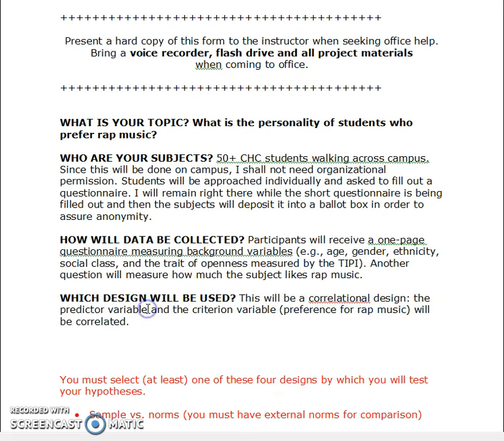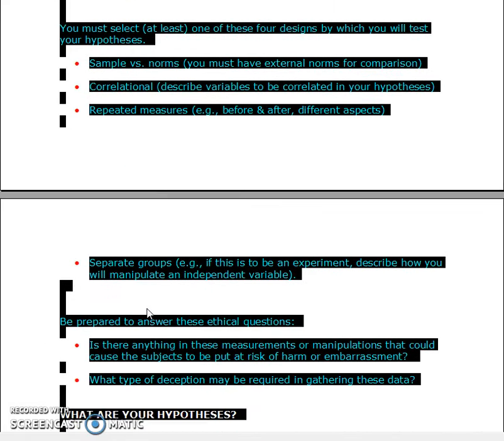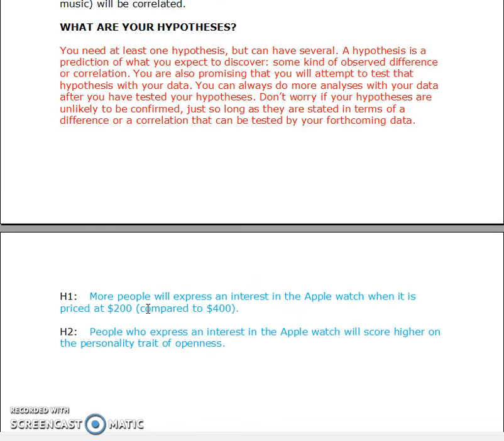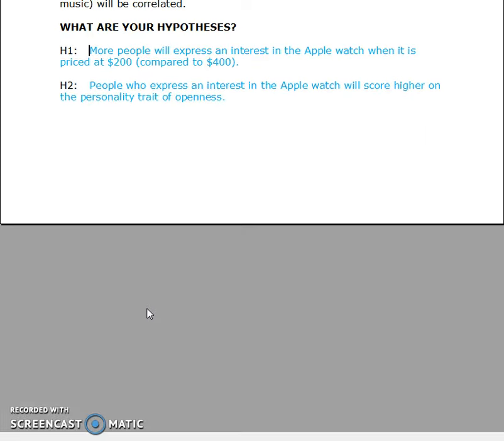The predictor variable, personality, and the criterion variable, preference for rap music, will be correlated. Okay, the only thing we need to do now is a couple of hypotheses. Okay, actually, I think we could just do one, so we're going to change the wording there.